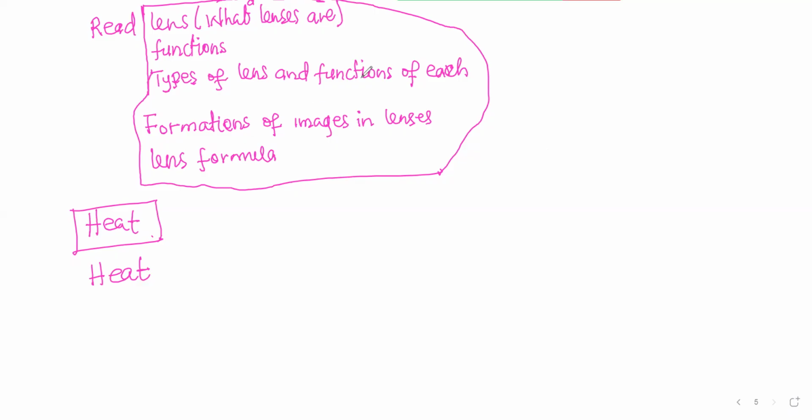Angie, what is heat? Sir, please. Heat is a form of energy that can be transferred from one point to another due to temperature differences. Okay.